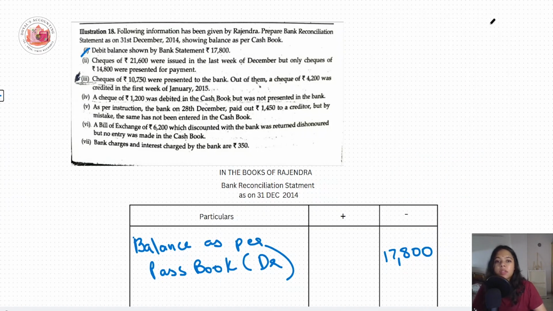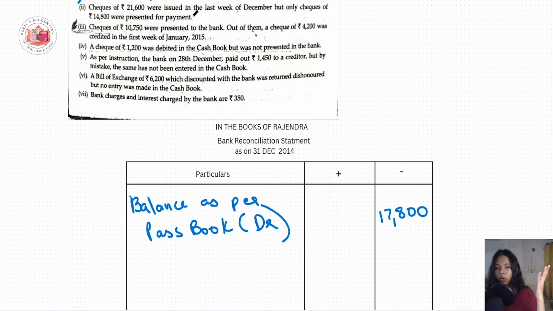That means checks worth 6,800 were issued but have not yet been presented to the bank. So my cash book balance is lesser than my passbook balance by 6,800, or my passbook balance is more by 6,800 than my cash book balance. What will I do to equalize it? I will deduct that 6,800 from my passbook balance.